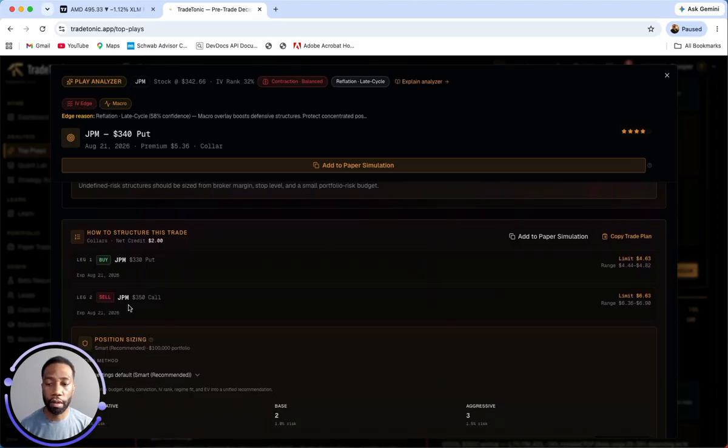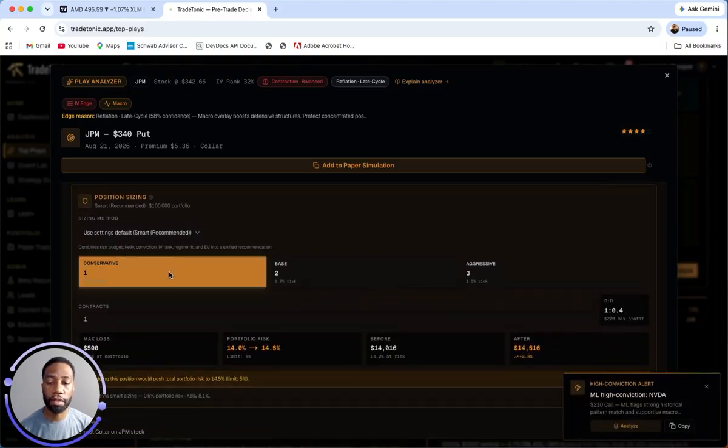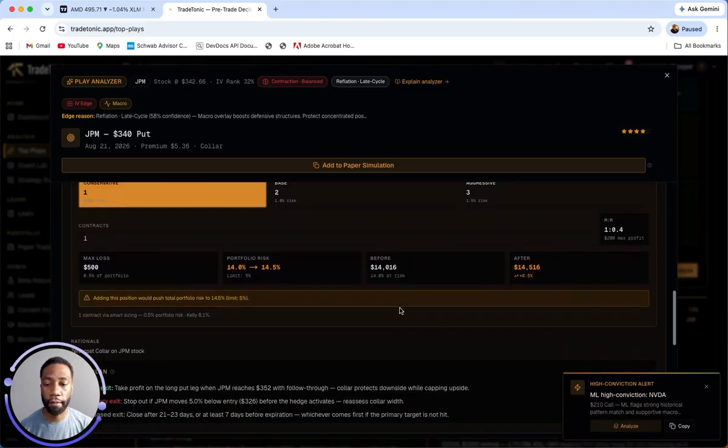First we would buy the 330 put with an August 21st expiration. The next leg, we would sell the 350 call, the same expiration, right? And so the position sizing will be a little bit conservative here. Let's just do one contract of each, okay?